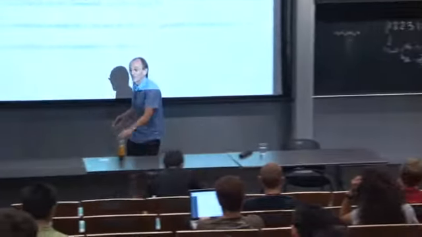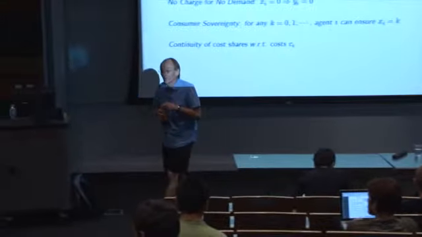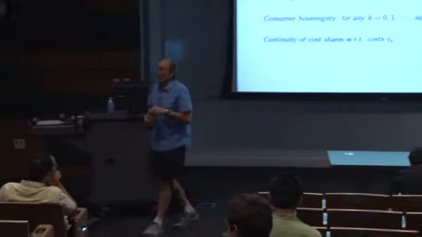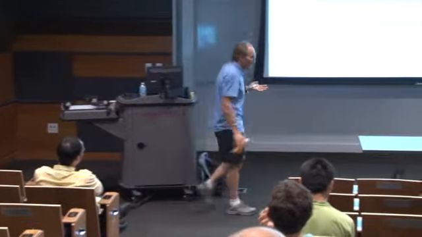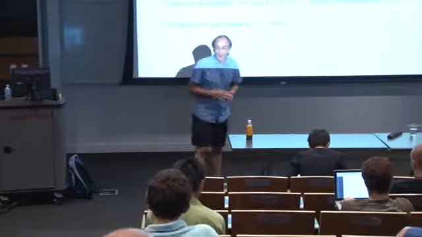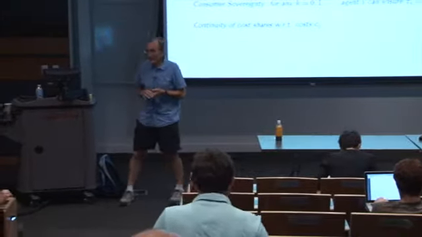Yes? So I guess this is not robust to side payments within the coalition. No, there are no side payments within coalitions in this. In general, cost sharing mechanisms are very, very bad.